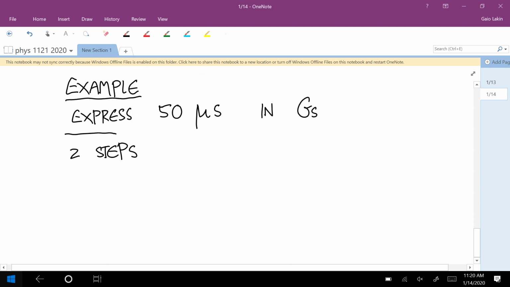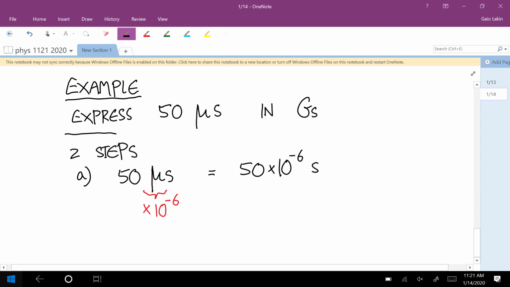So the first step is, how do we express 50 microseconds just in seconds? Well, since micro means times 10 to the minus 6, you can just replace the micro. So 50 microseconds, this micro just means times 10 to the minus 6. So this is equal to 50 times 10 to the minus 6 seconds.